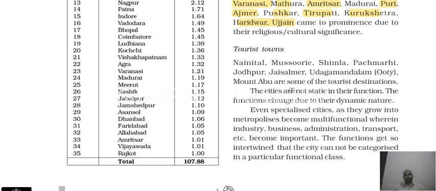The last is the tourist town. A tourist town is famous for tourism or attracts the maximum number of tourists from different places, like Nainital, Mussoorie, and Shimla. Shimla is also the capital of Himachal Pradesh.